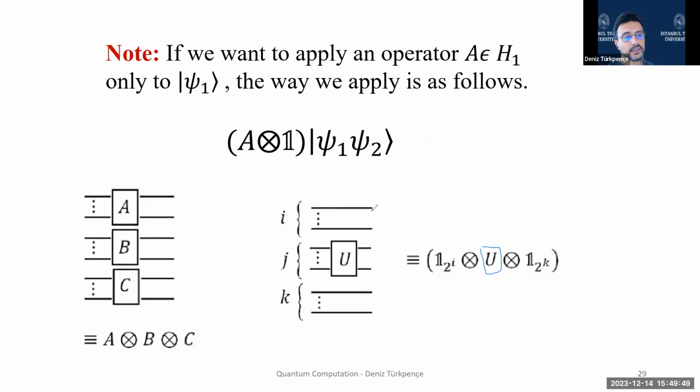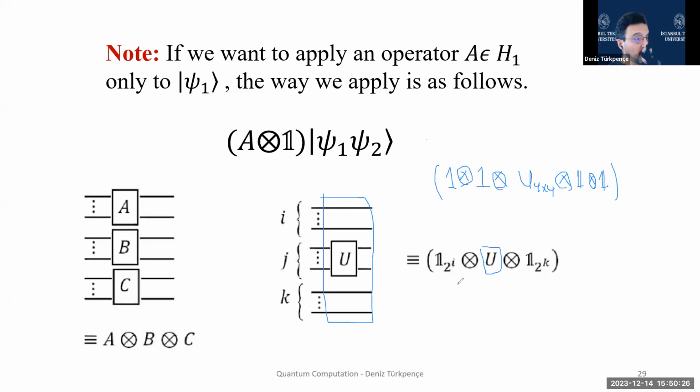If you have just 2 qubits here, then this is represented by the 2 by 2 identity operator tensor the 2 by 2 identity operator, where there is nothing, and then tensor U. This is acting on 2 qubits, so this is a 4 by 4 matrix. And here again, I have nothing, a 2 by 2 identity operator and a 2 by 2 identity operator. So this is the matrix representation of this block.